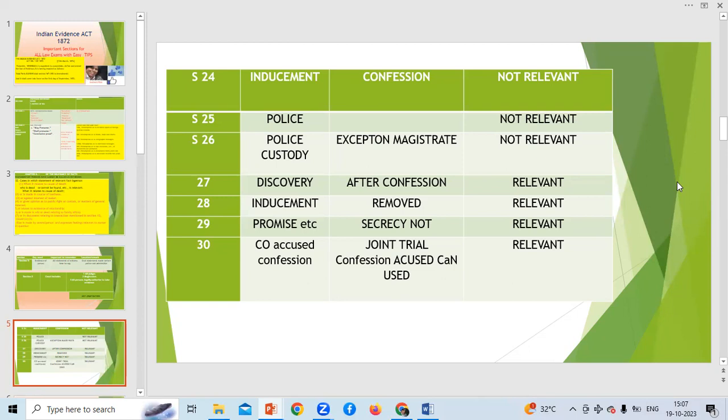मॅजिस्ट्रेटच्या समोरचं कन्फेशन रिलेव्हंट आहे. Section 27. When there is a discovery after a confession, it will be treated as relevant. So 27, 28, 29, 30. 4 sections are there where the statement of confession is relevant. एखादा अपराधी जब वो बोलता है कन्फेशन में कि I have kept my whatever he has used for the offense, the instrument, और वहां पे छिपा के रखा है.